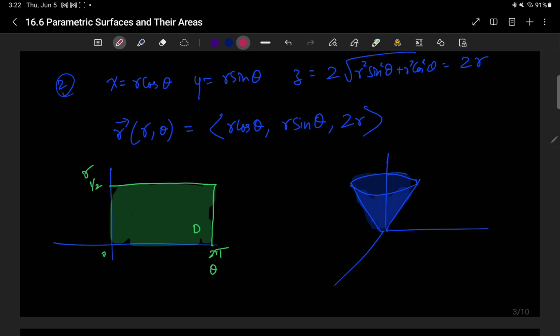Let's see, what does this line look like? This line is r equals some constant, suppose r naught. If I move along a constant radius on this cone, it's going to map out a circle. So that's r equals r naught on the cone.